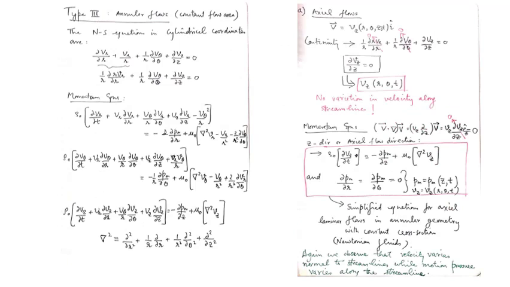Okay. Now moving on to type 3, which is annular flows. Annular flows which are taking place between two concentric sort of pipes or cylinders, or there is a larger diameter pipe which is having some concentric shaft inside.